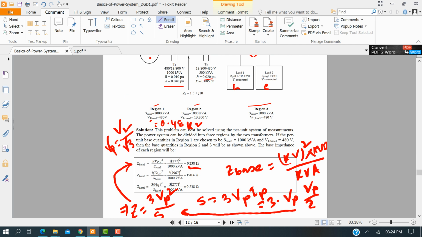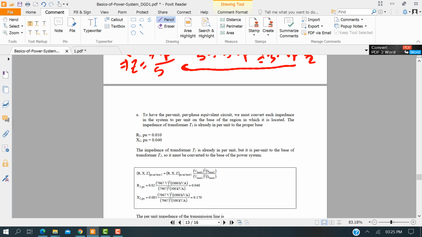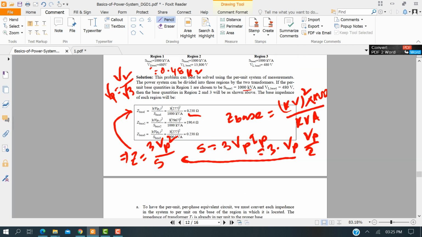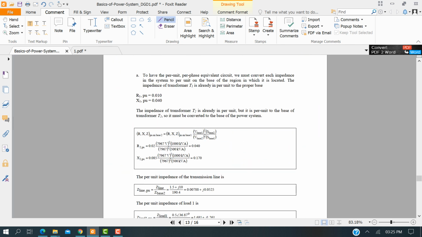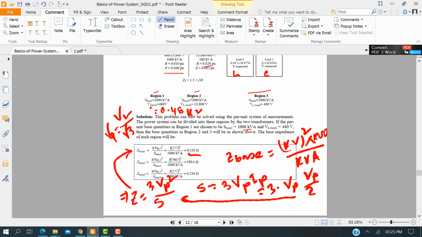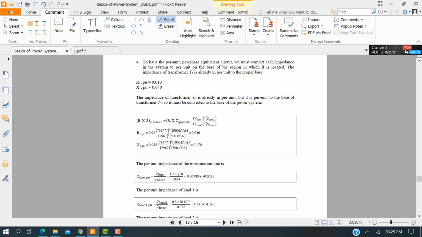Base 1 earlier we took as 1000, and base 2 is 500. You see that the base 1 voltage is 7967; if you divide 13,800 by root 3, you get 7967. Just put the values in here and we get this value for R2 and this for X2.